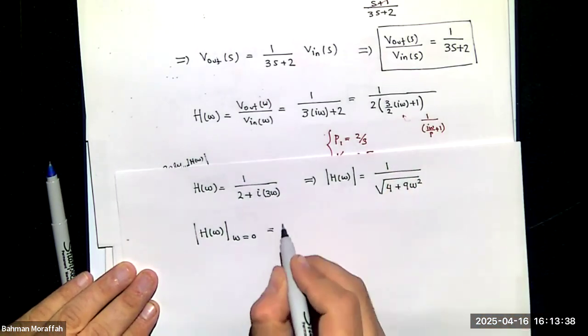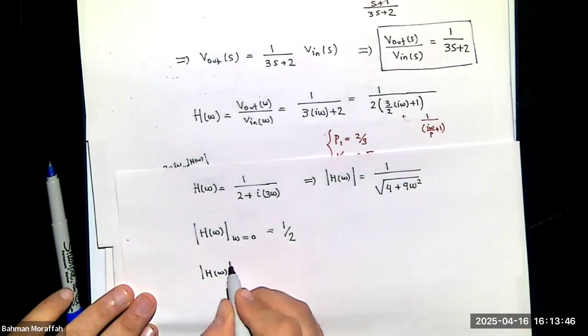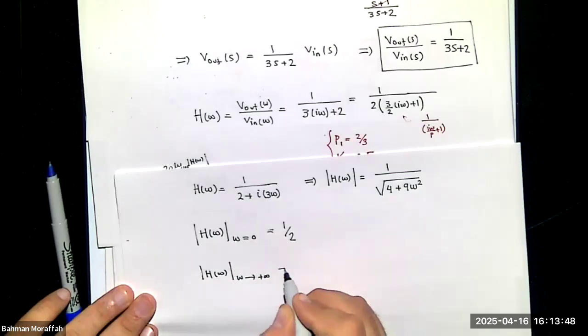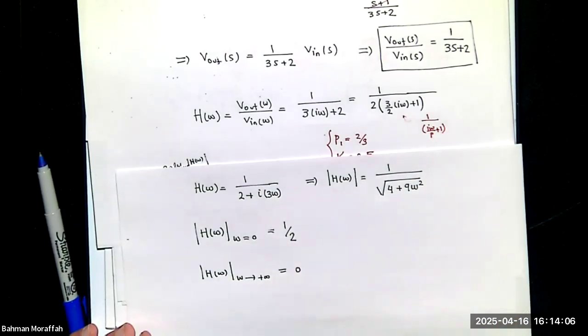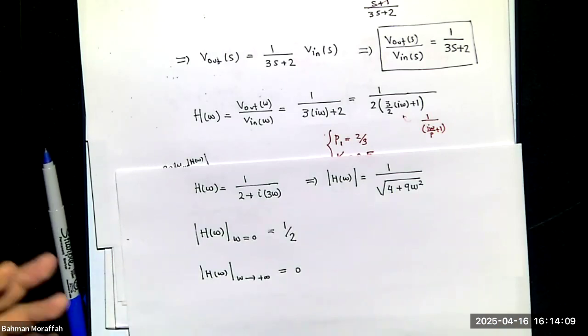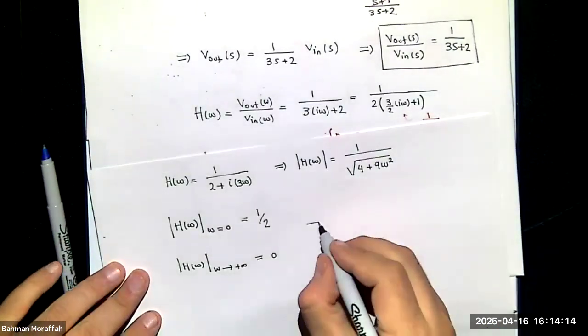So it's 1/2. So it has some value. What is the magnitude of H of omega when omega approaches infinity? What is it? When omega approaches infinity, this term dominates. So this is like 1 over 3 omega. So this approaches 0. Which again verifies our graph, which we know was a low pass. So this is a low pass.